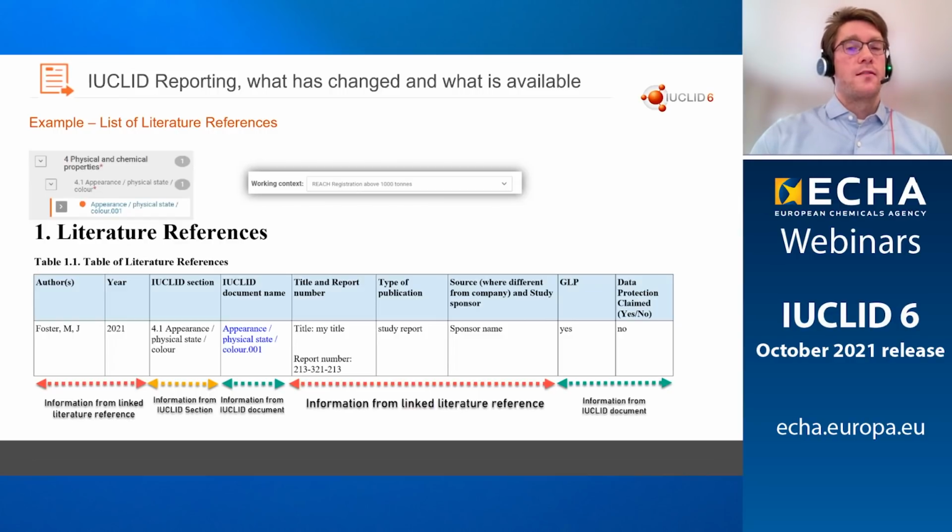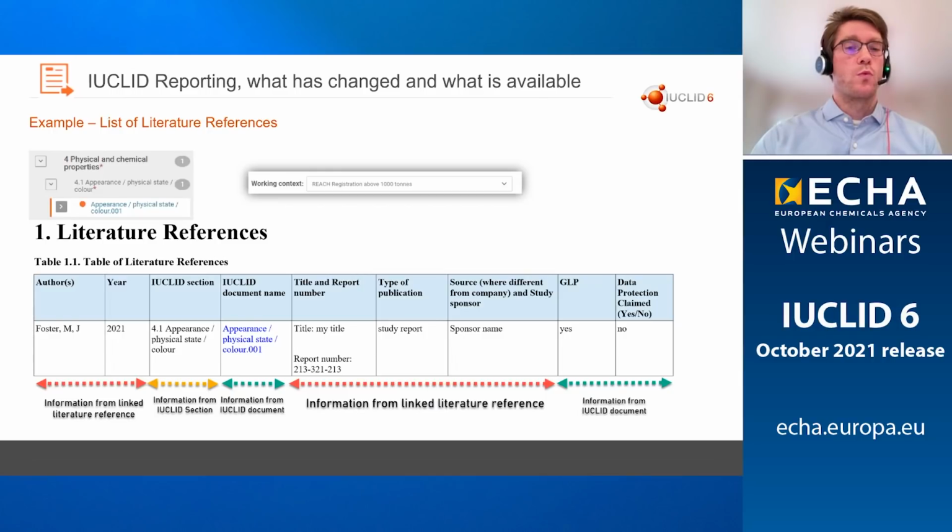Above the red dotted line, you will see information particularly about the literature reference. So for instance, the author, year, the title and report number, type of publication, the source and study sponsor. In addition to this literature reference information, you'll find more contextual information. So if we focus on the orange dotted line, you will see a column called Euclid section.